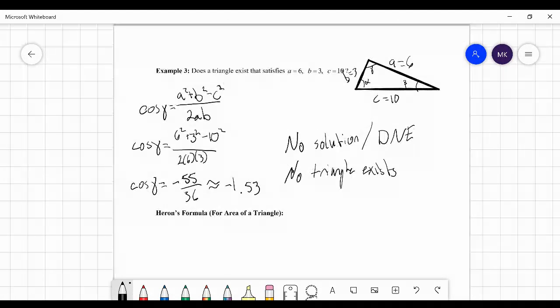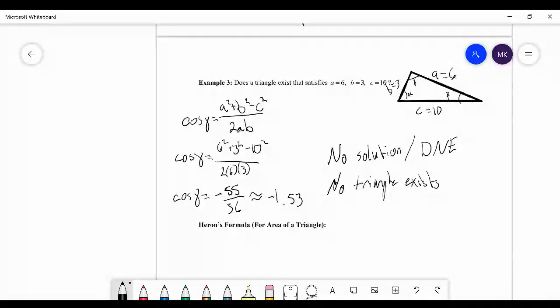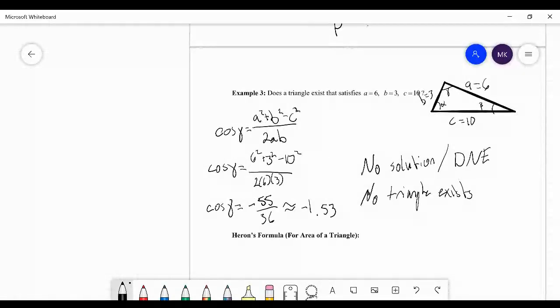Now, can anyone think of a reason why that would be true? Right? If we have 3 lines, we should be able to connect them, right? We just might have to extend them out. Well, if we think about this, I have C. This is C. And that is a distance of 10. Okay? So now in my red, I'm going to take A, and here's A, which is 6.